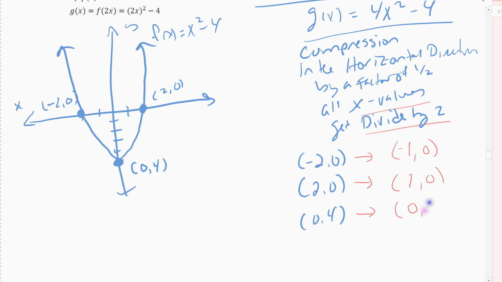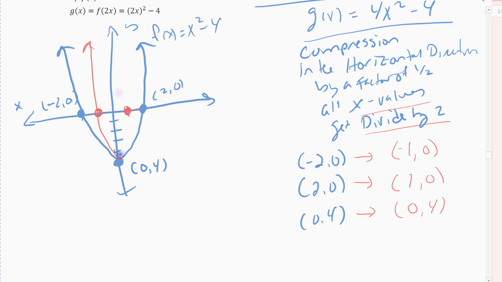And 0 divided by 2 is still 0. So 0, 4 is still where it hits the vertex. So it still starts here, but then it gets compressed. It shifts in.